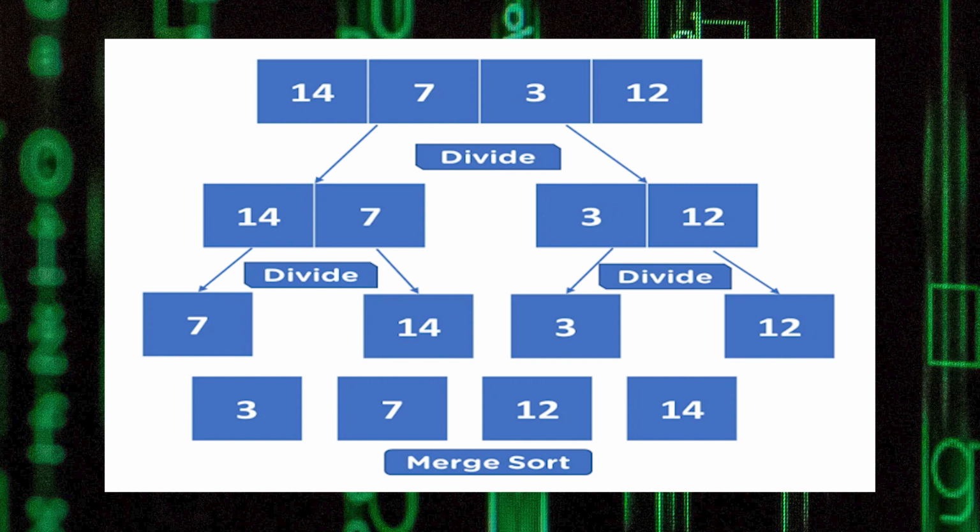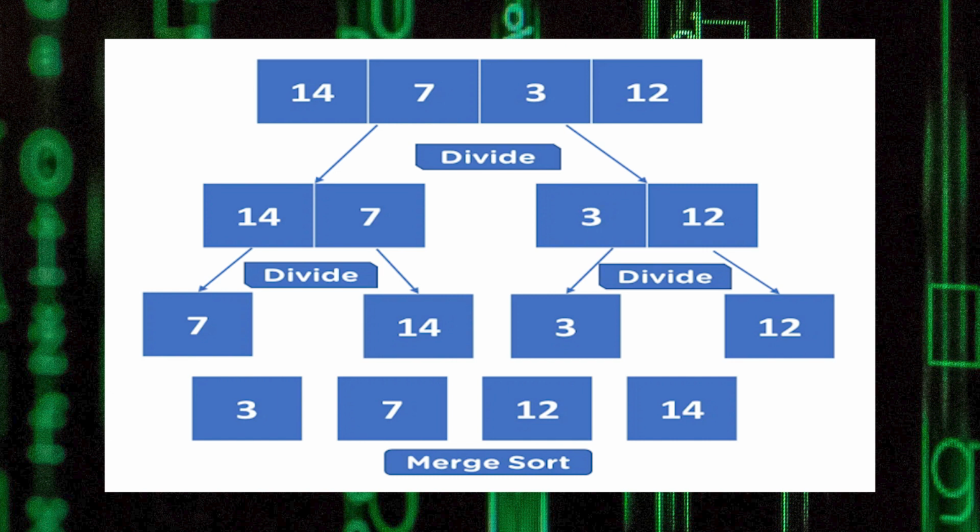3 is in an appropriate place, 7 is in an appropriate place, 12 is in an appropriate place and 14 is in an appropriate place. When all elements are sorted, we start merging by following the same procedure. Now 3 and 7 will be merged together and 12 and 14 will be merged together.